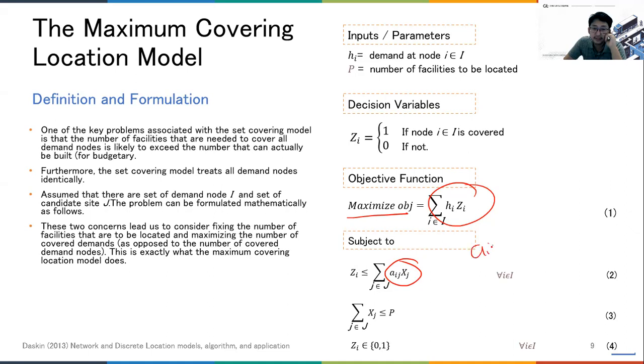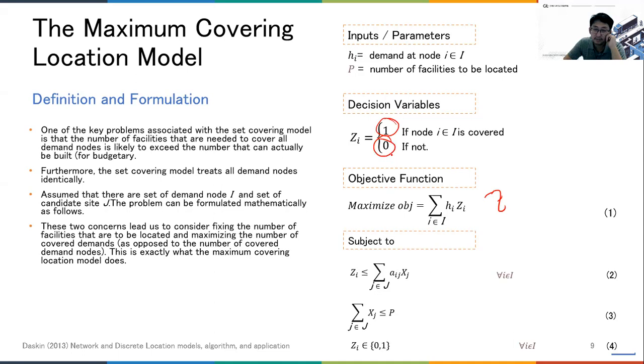Previously we have the sum over j of Aij Xj, right? Greater than or equal to 1, right? This one, actually, we can change it to become Zi, okay? And it becomes this constraint, okay? So this one gives the value of Zi. If you have Zi equal 1, it means that demand is being covered.